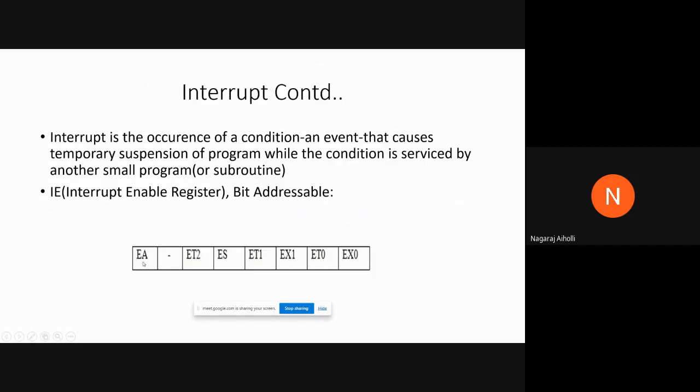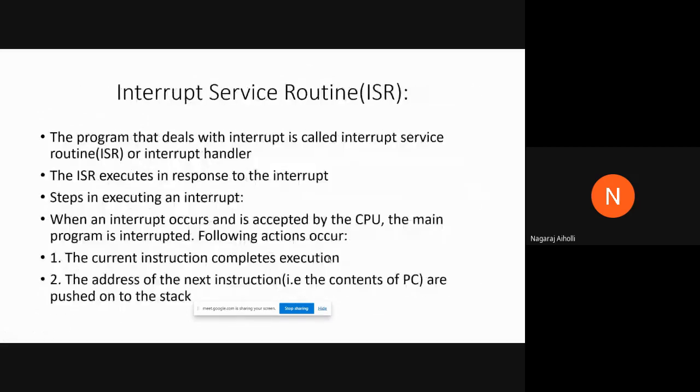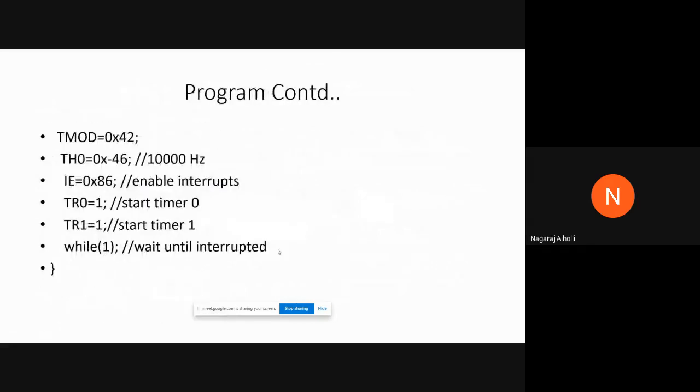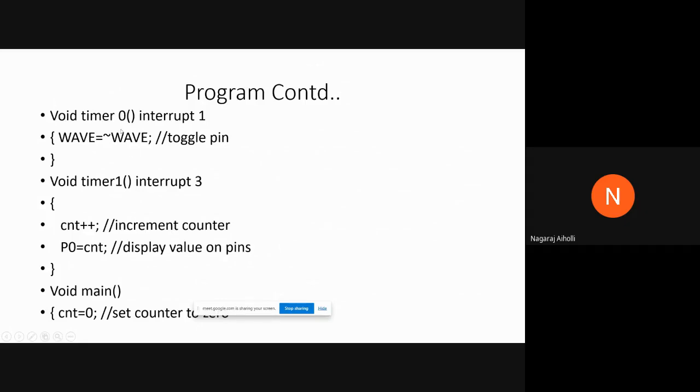So the bits will be 1000, that is 8, then 0110. External interrupt 1 is 1, timer 0 interrupt is also 1, and the remaining bits are zeros. So it is 86H. That is why IE is equal to 0x86 here, because we are using the timer 0 interrupt and also the external interrupt.